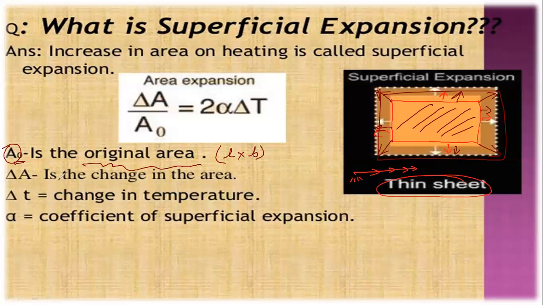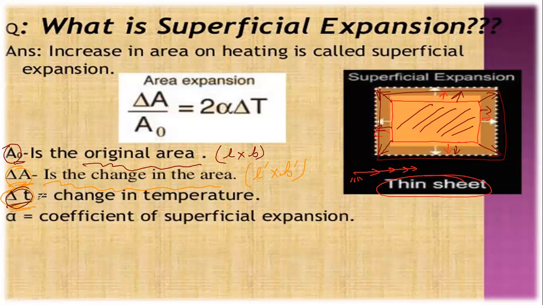Now, when heat has been supplied to it, we will observe that there is a change in area. So this delta A shows the change in the area, meaning there would be a new length along with a new breadth. There would also be a change in temperature. Until and unless we supply heat, we will not observe any change.